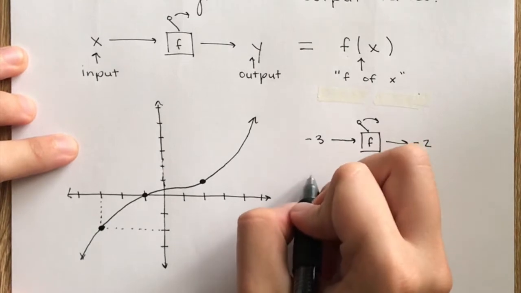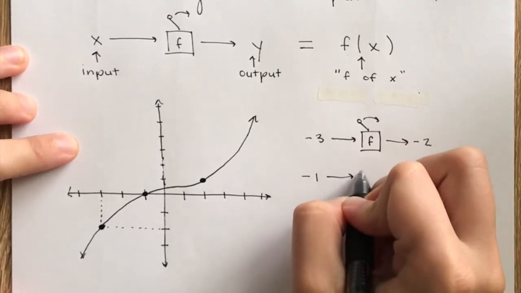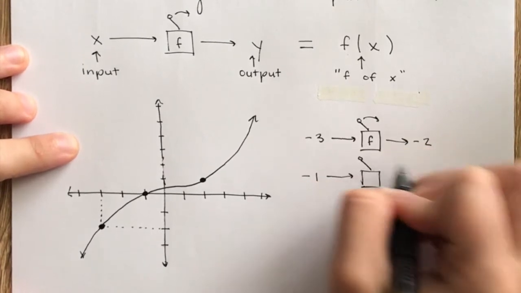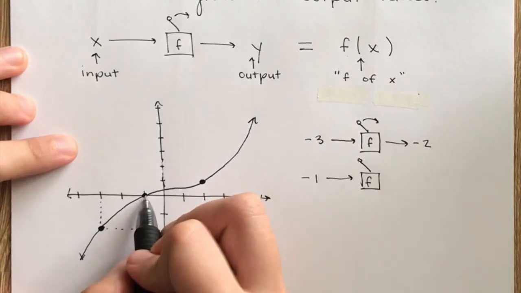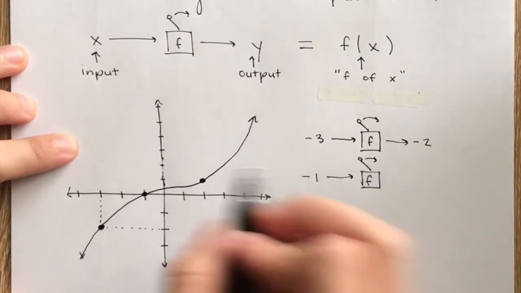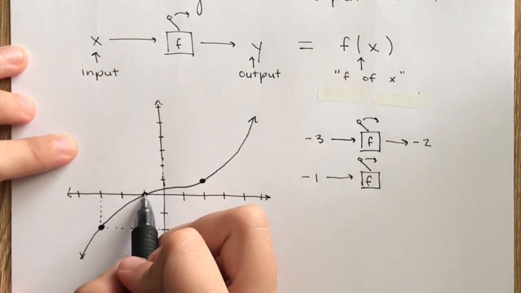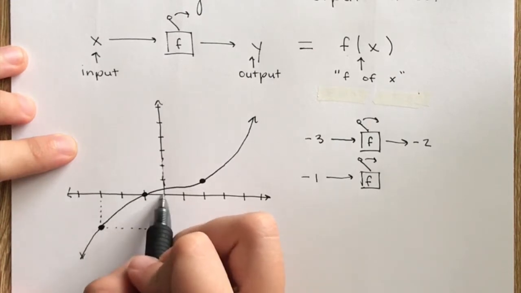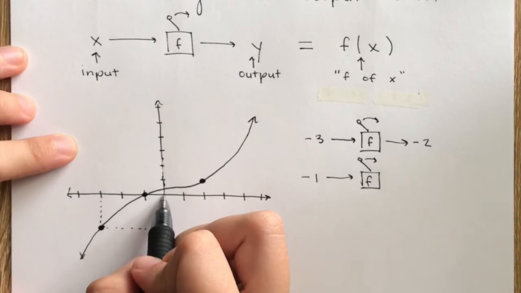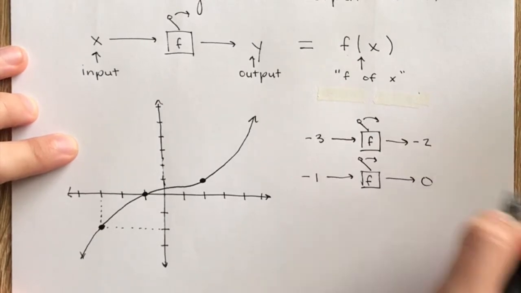So let's look at -1. Plugging -1 into f for x, right? Here x is -1. What is y? Y is 0, right? The value that we are next to on the y-axis is 0. So f gave us 0.